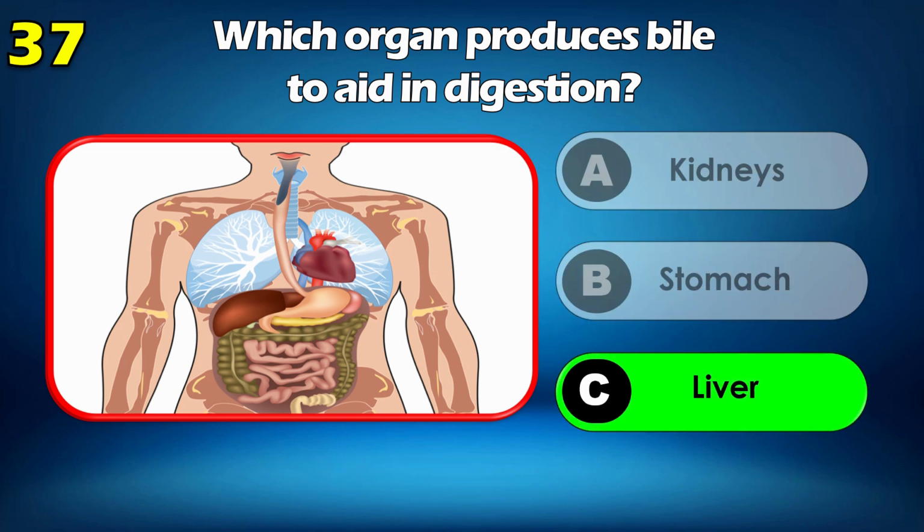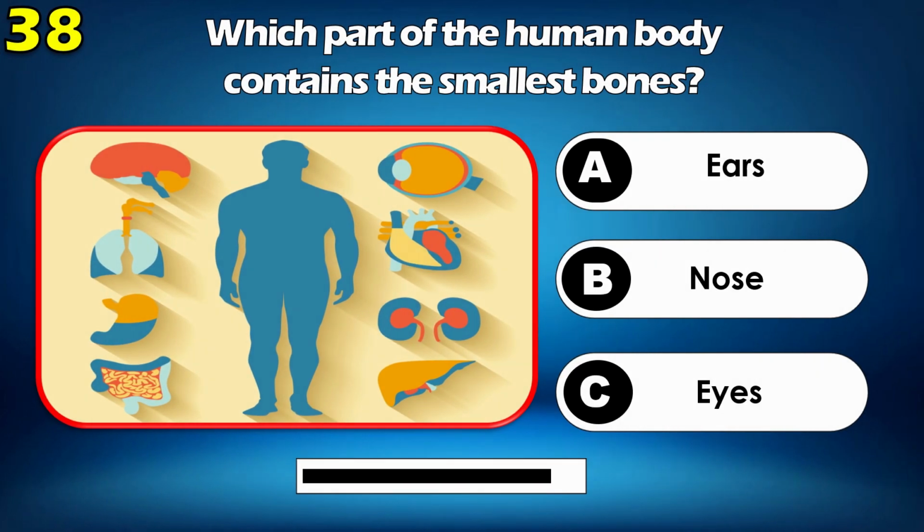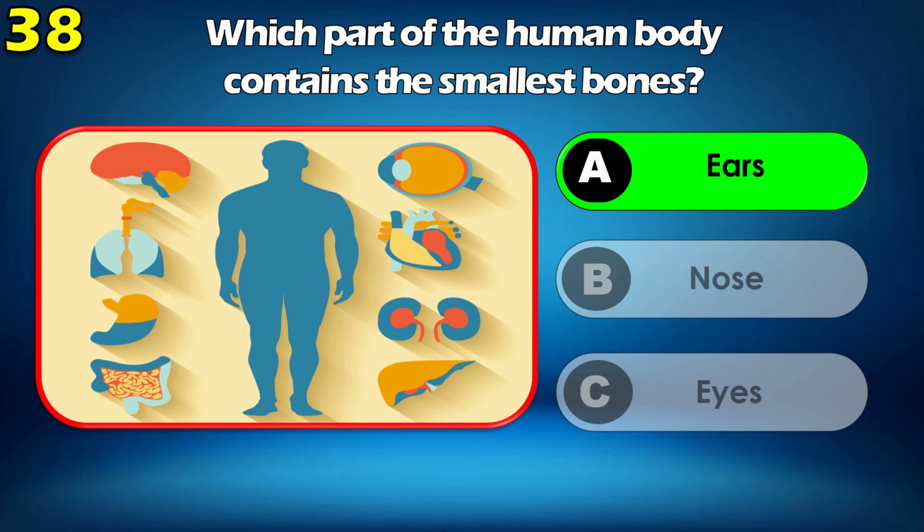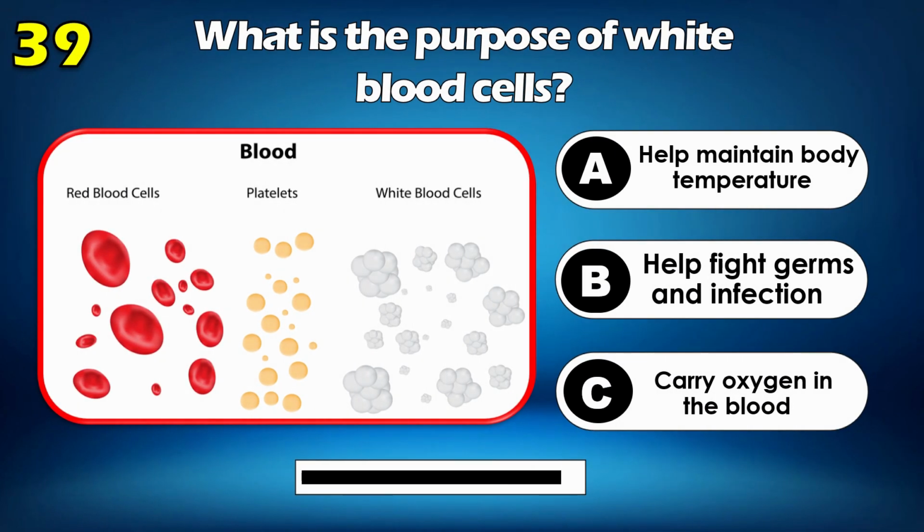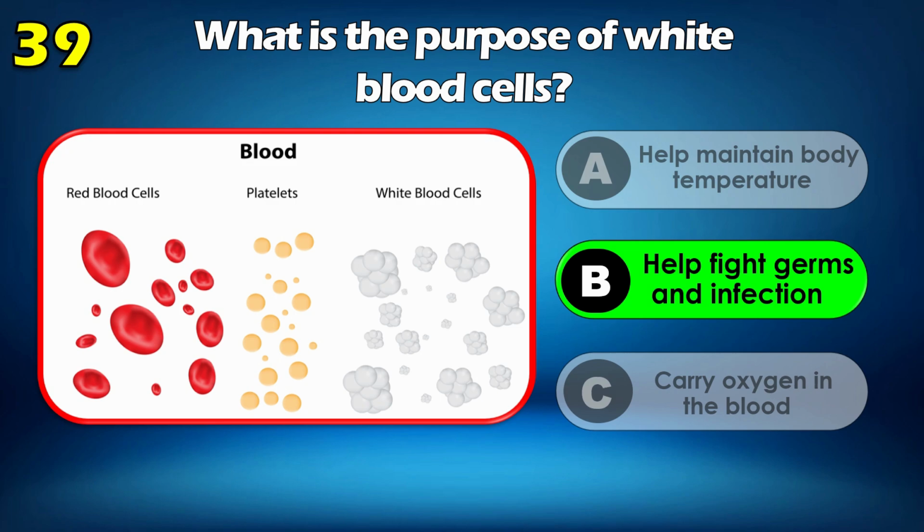Liver. Which part of the human body contains the smallest bones? Ears. What is the purpose of white blood cells? Help fight germs and infection.